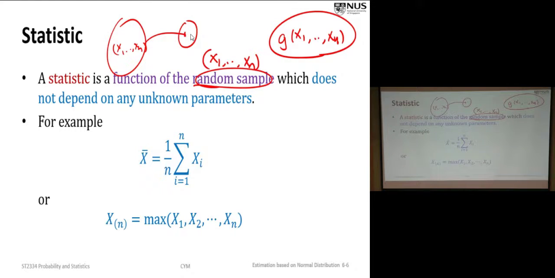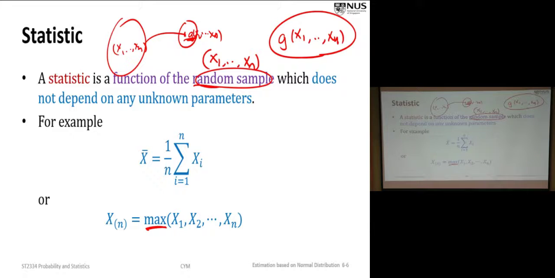An example is the average. I can also take the maximum of x1 up to xn. That's another function. The median is also a function, where among all of these I take the middle rank.